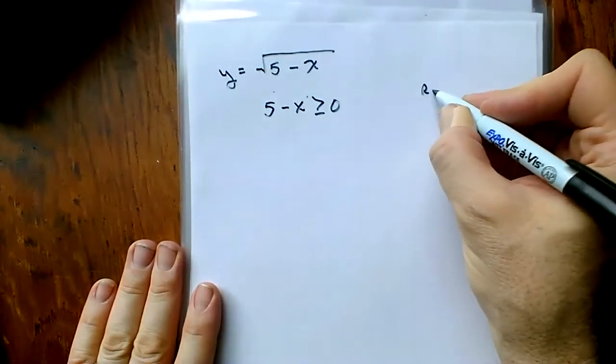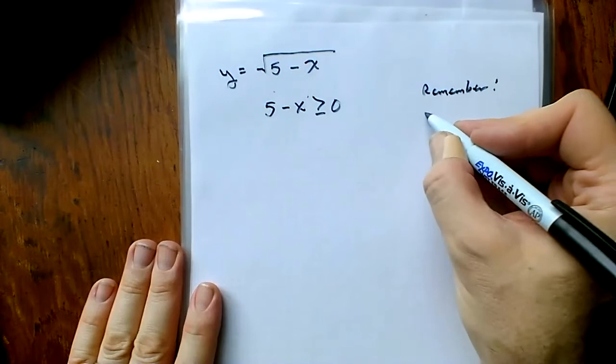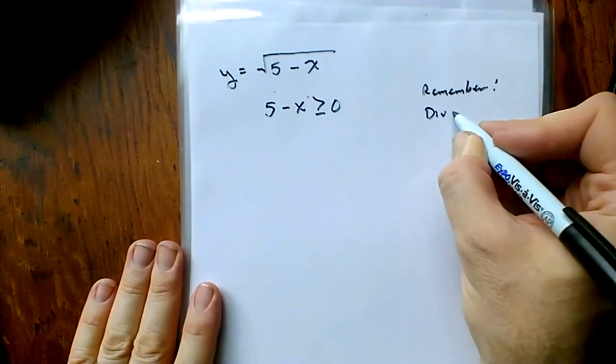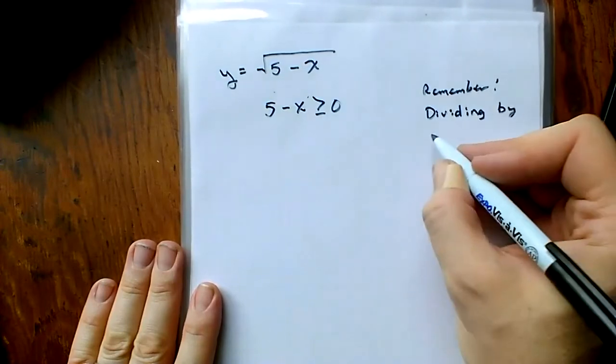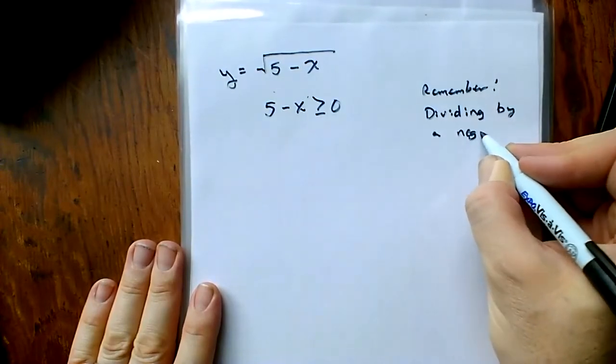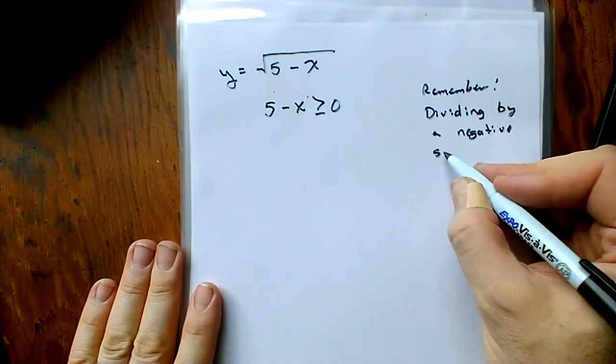But remember that dividing by a negative switches the direction of your inequality.